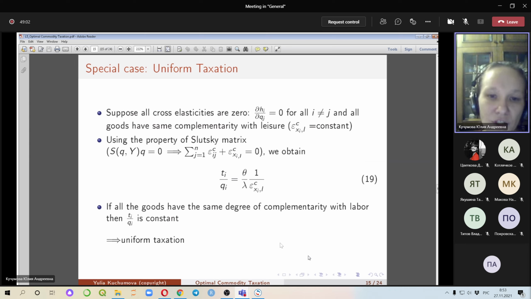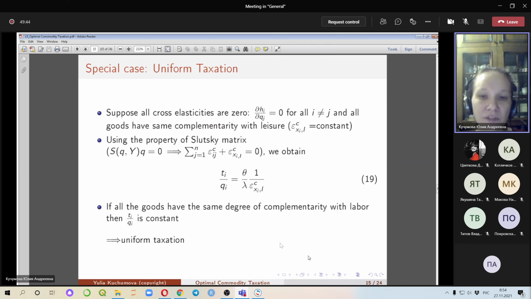If we take just one row from that matrix multiplication, what we will have is that the sum over g, where g goes from 1 till n, of epsilon Ig plus epsilon IL should be equal to 0.